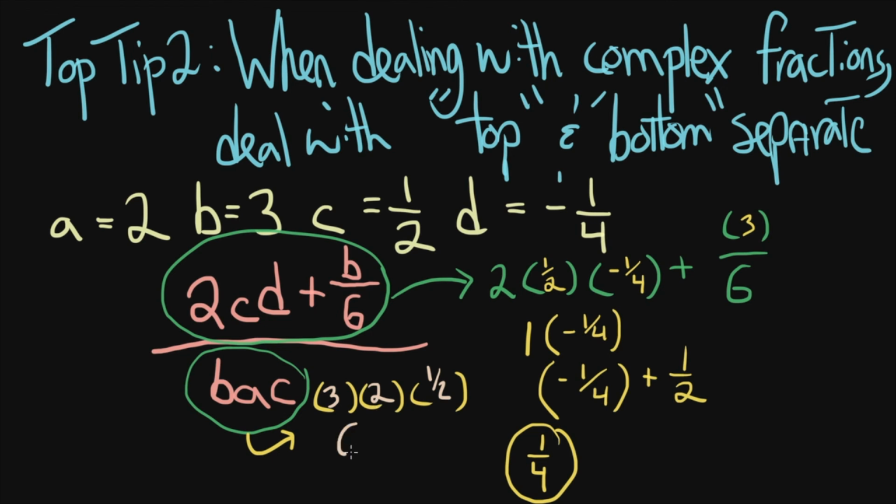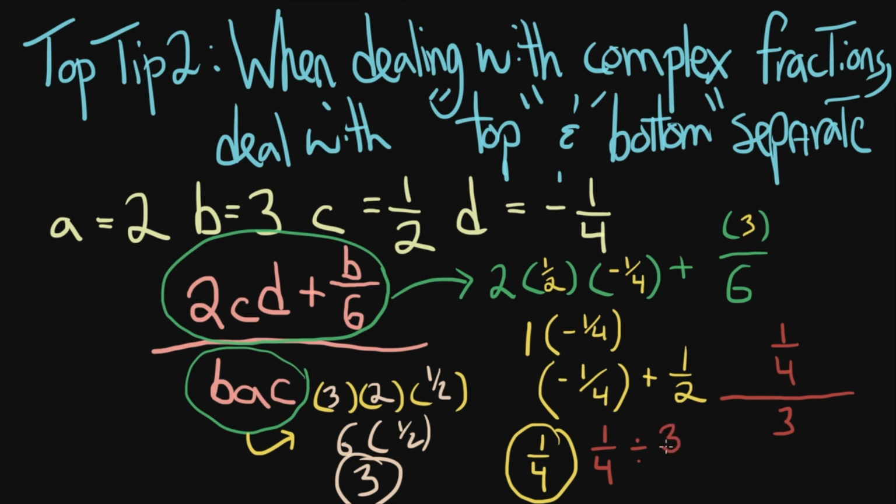So 6 times a half, which would just be 3. So that's your bottom. Okay, let's put everything together now. So you had a quarter on the numerator divided by this. So what that really means is a quarter divided by 3.